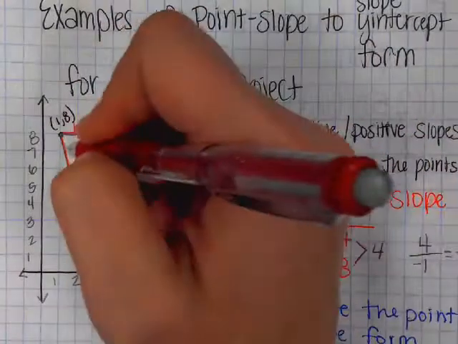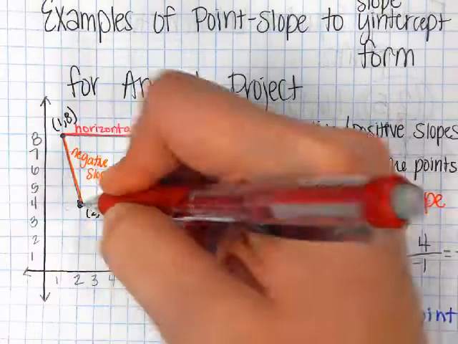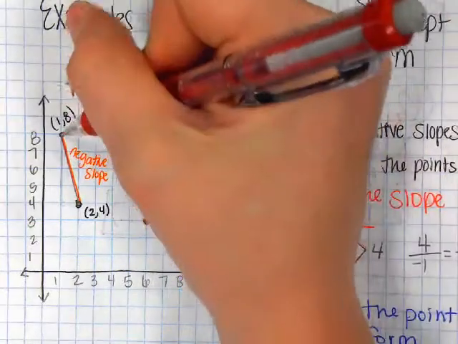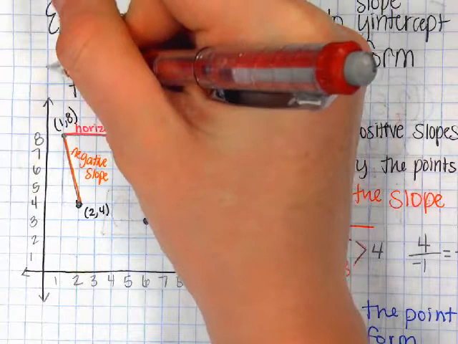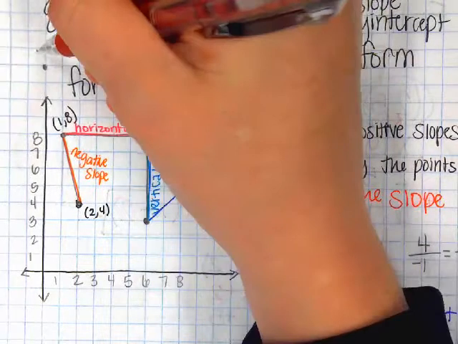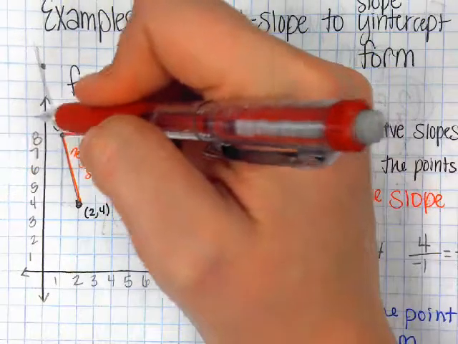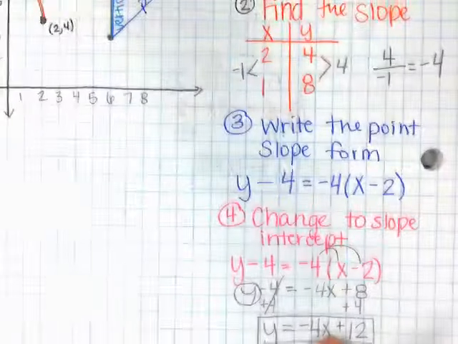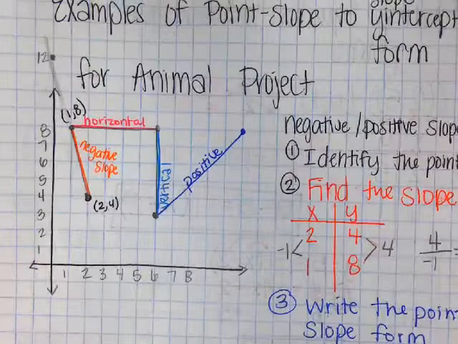So negative 4x plus 12, if you look, this went down 1, 2, 3, 4 over 1. So that is a negative 4 slope. Now if I also continue this line and go 1, 2, 3, 4 and back 1, notice where that line would cross the y-axis, 8, 9, 10, 11, 12. Wasn't that what we just found as the y-intercept?